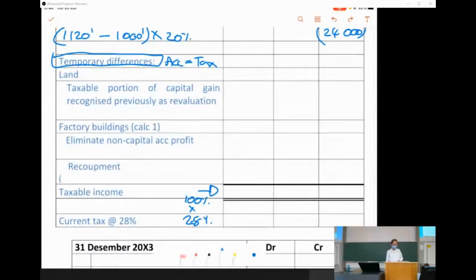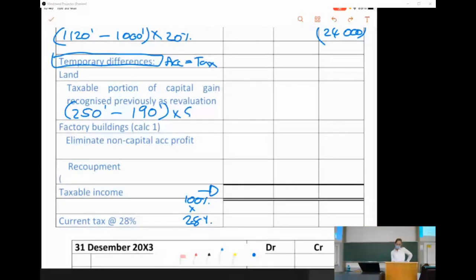Okay, so the taxable portion of the capital gain recognized previously as a revaluation on land will now be my 250,000 carrying amount, less my original cost of 190,000, and 80% of that is my taxable portion.